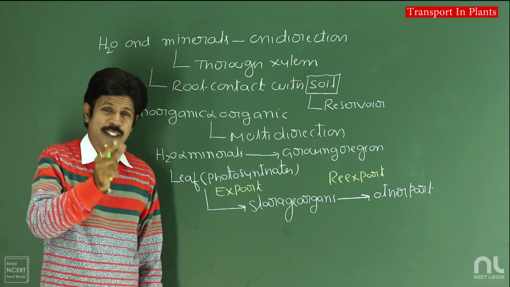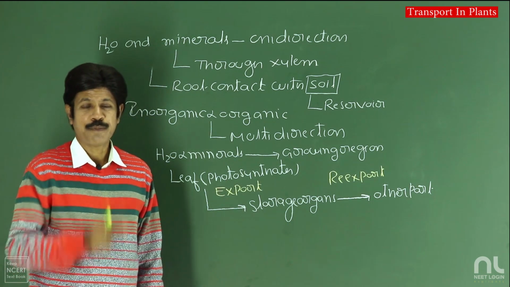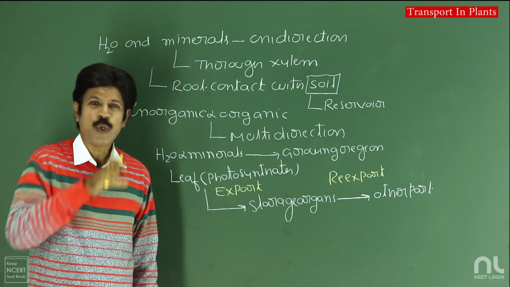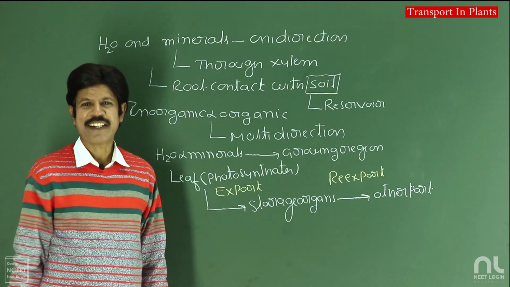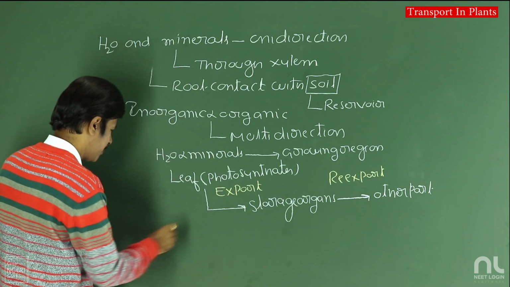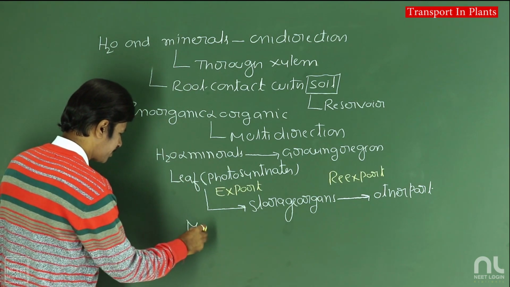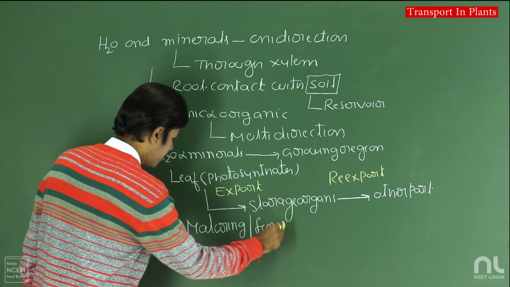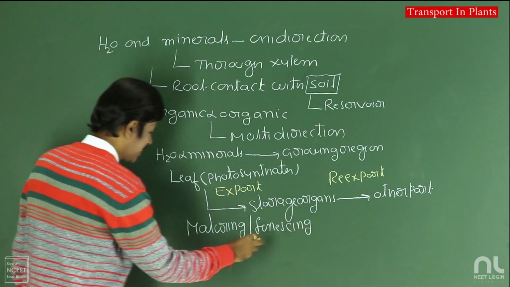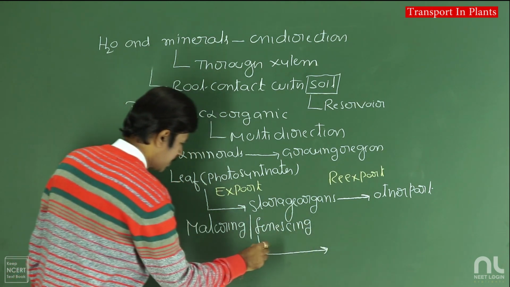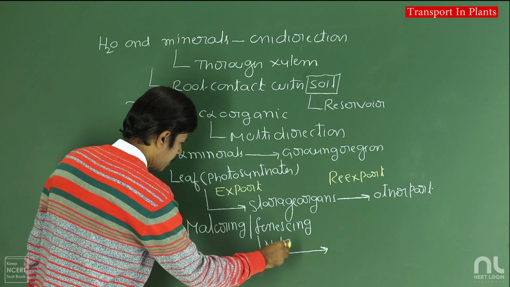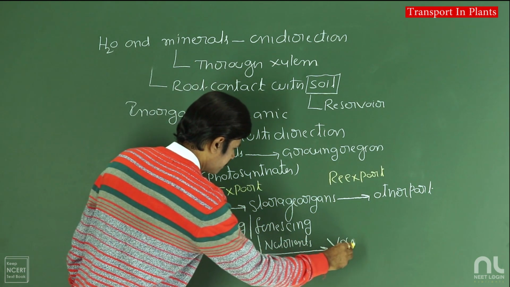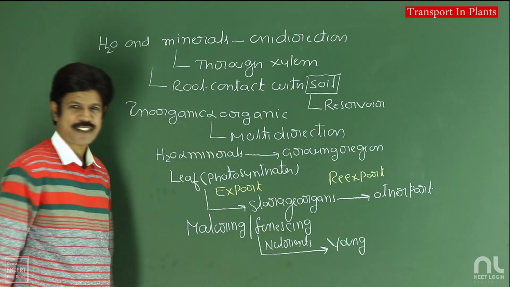And the organs which are undergoing senescence, mature, old senescing parts, lose nutrients toward younger regions. So maturing or senescing regions lose nutrients to young regions.